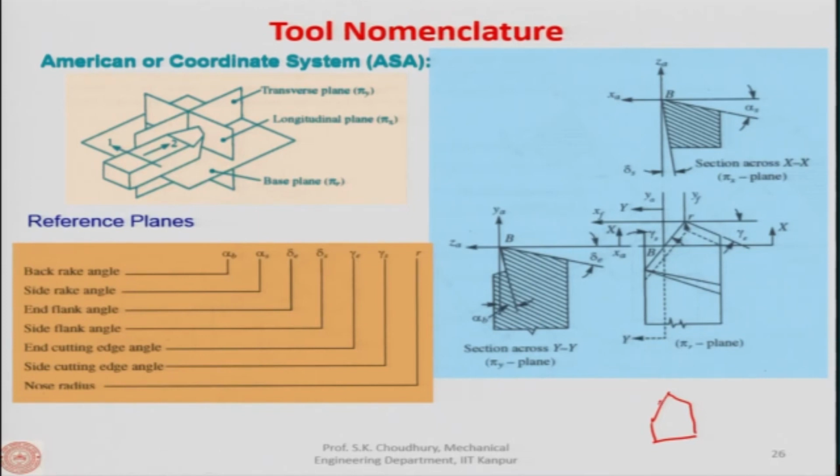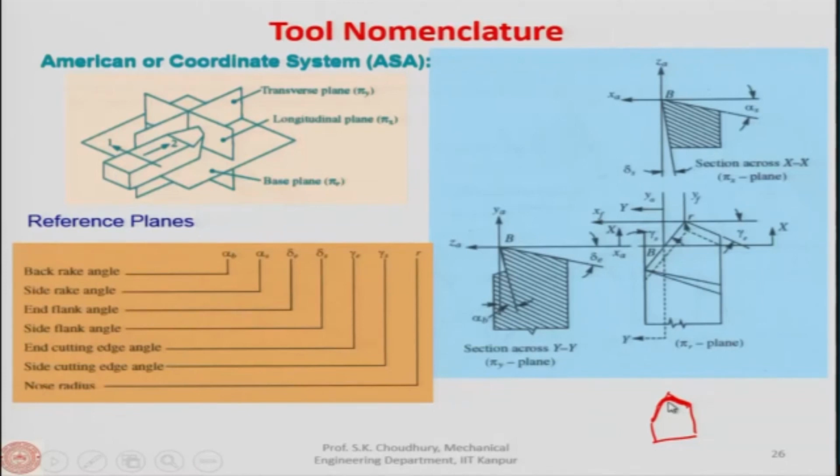So, it can actually break as soon as it comes in contact with the workpiece. Therefore, normally a nose radius is given to the tool tip, and we will see later on that it has another advantage also: when we have the nose radius, the surface finish improves. I will tell you the physics behind why the surface finish improves when we discuss the surface finish chapter.